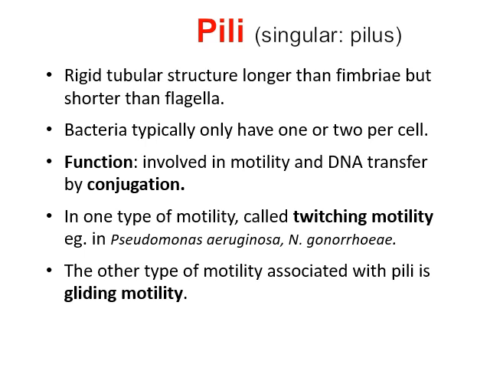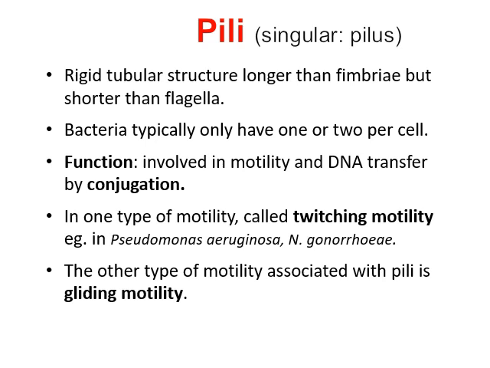Pili, and the singular is pilus, are rigid tubular structures, longer than fimbriae but shorter than the flagella. So, as we saw in the picture, it's much thicker than the fimbriae and the flagella, but it is much shorter than the flagella.